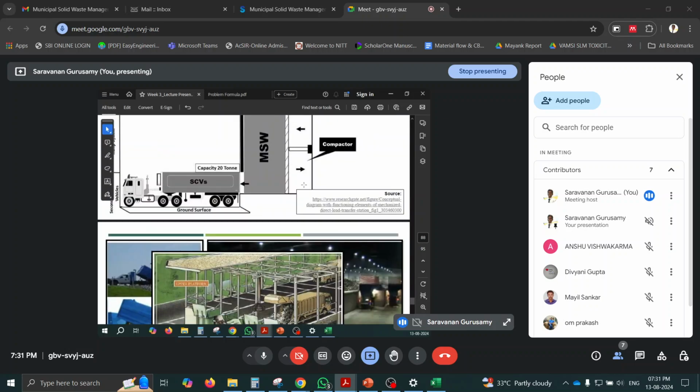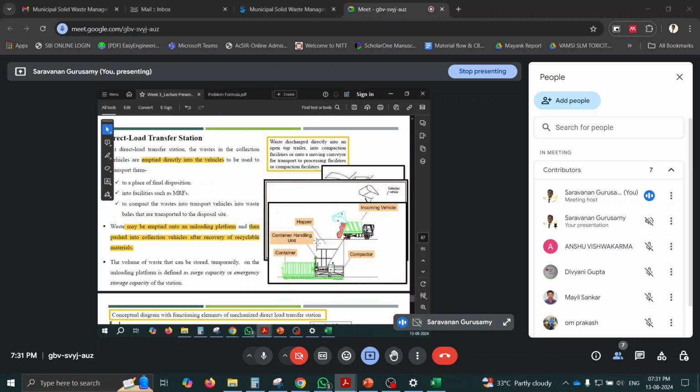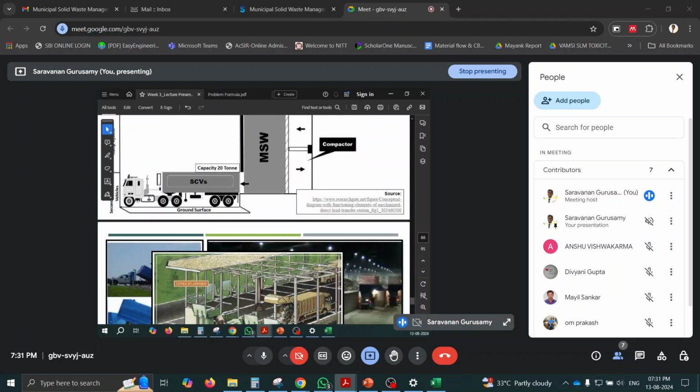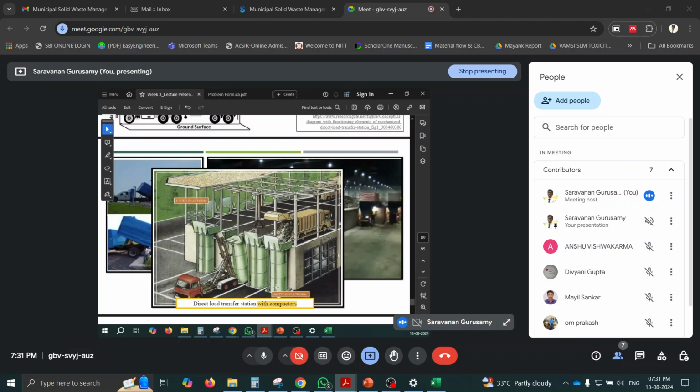So you can also see some of the pictures here. Direct load means the smaller, incoming vehicle dumps all the waste and it is compacted into the bigger containers. Or we can also use this type of pipeline, called a compactor.